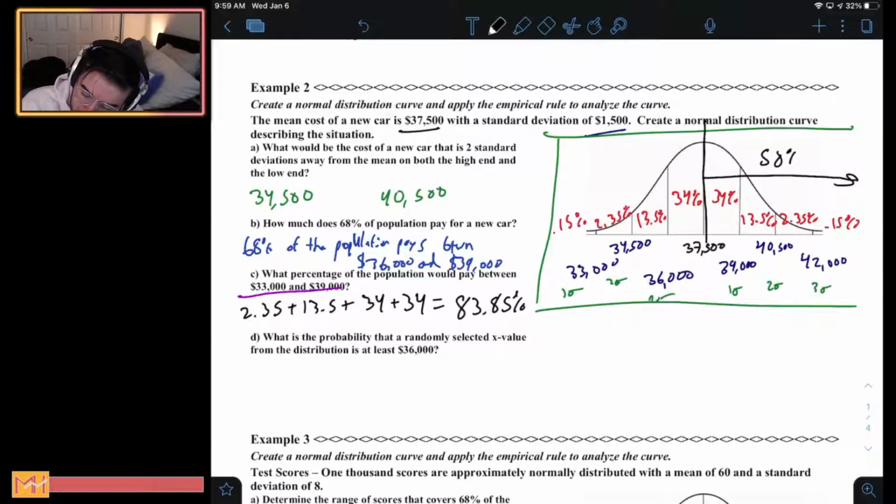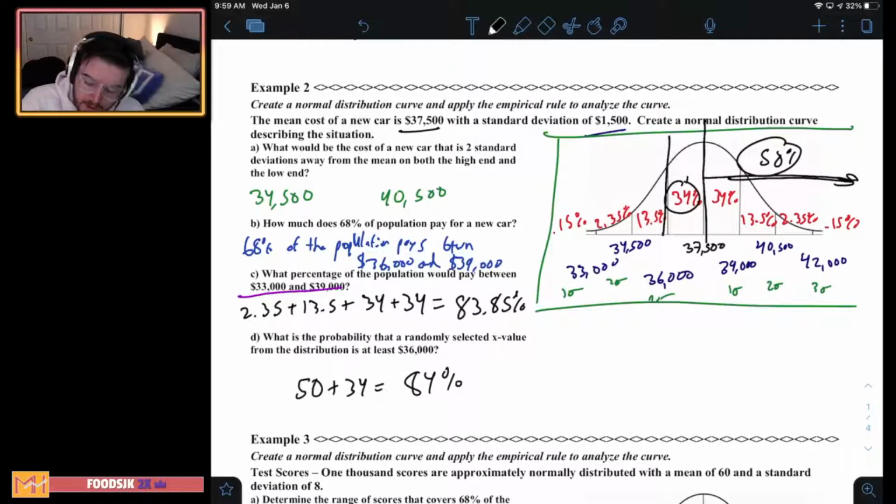So from 36,000 on up is 50 plus 34. You see what I just did? I'm using the fact that I know that this is right smack dab in the middle. I don't need to add all of this together. That's going to be a little time consuming. I very quickly know the data, 50%, plus the smidge right there gives me 84.